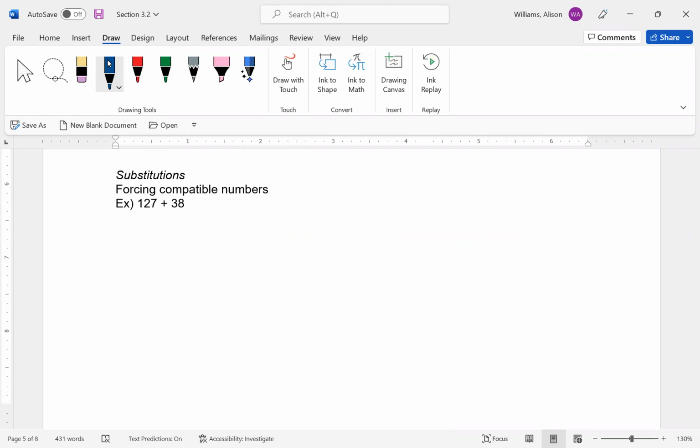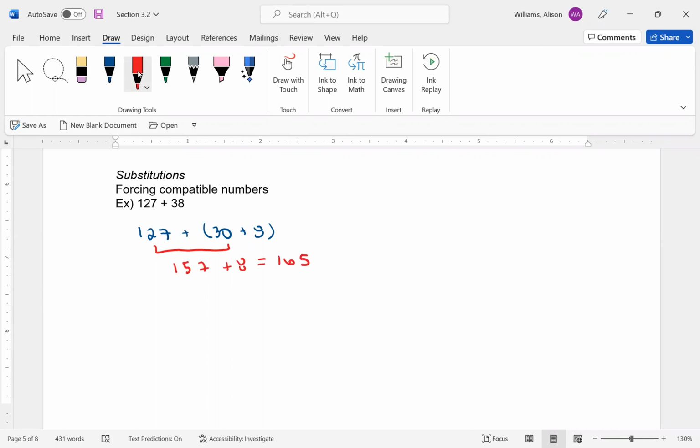One way we could rewrite this so that it's a little bit easier is to rewrite 38 as 30 and 8. Because 127 plus 30, that's, oops, sorry, I thought that was in red, but it didn't come up red, is 157. And then 157 plus 8, that comes out to 165. Not too bad to do that in your head.